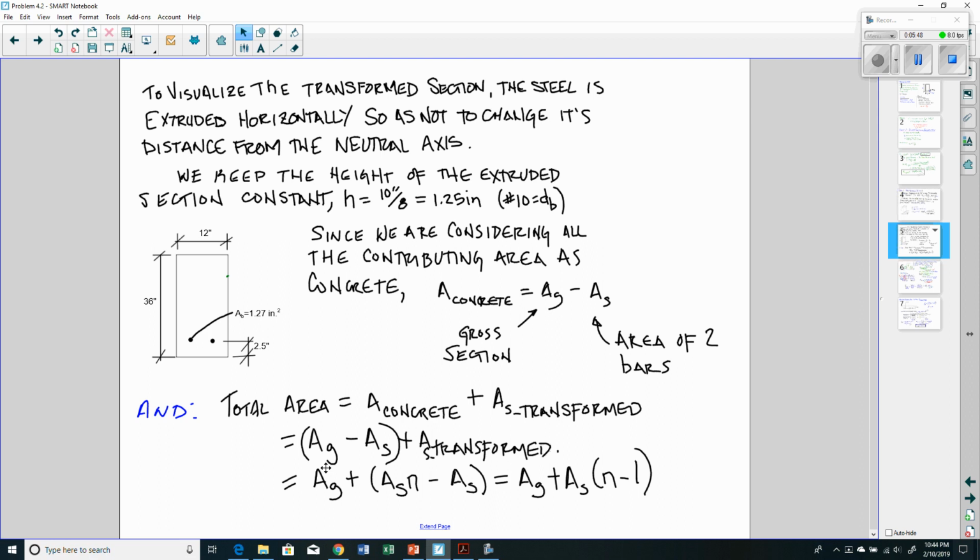To make our calculations easy, we use the gross concrete area plus the area of the transformed steel, which is As times n, and then we just move this over and subtract As. So this is where the equation, the gross area plus the area of steel times n minus 1, comes from.